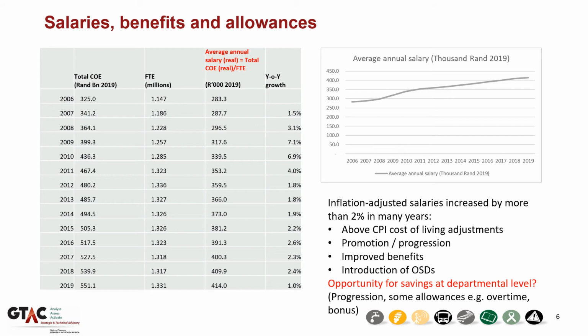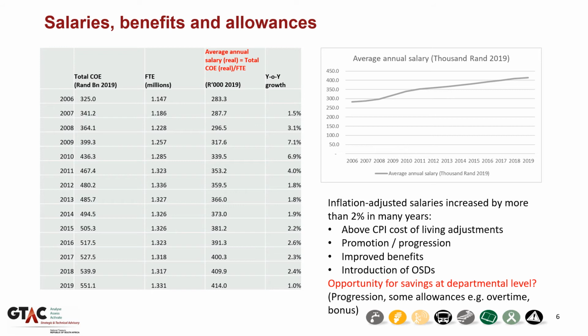So it's clear to see that the average salary in 2006 was 283,000, and that has increased over this period to 414,000 in 2019. So clearly, salaries, benefits and allowances grew faster than inflation over this period.